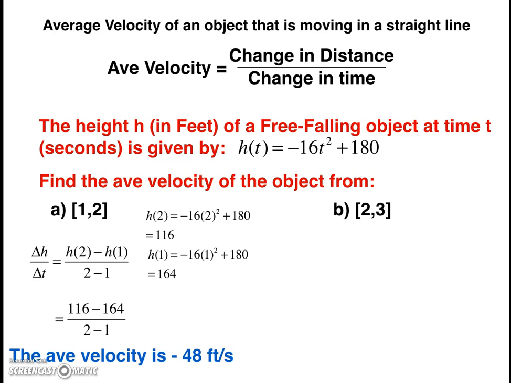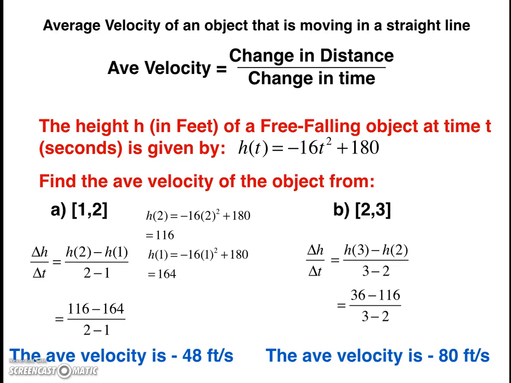We're going to do the same process between 2 and 3 seconds. h of 3 minus h of 2 divided by 3 minus 2. We plug in 3 and 2 into our original equation, we get 36 and 1/16? Plug it into our fraction, and the average velocity is negative 80 feet per second.